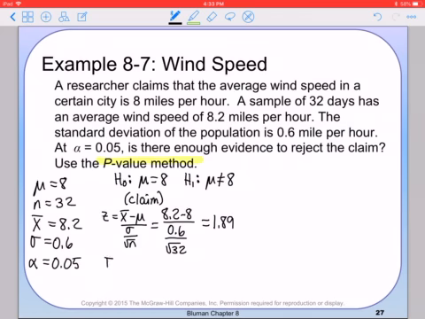We look up in table E, see the area for z equals 1.89, and we find that the area equals 0.9706. Okay, now we're going to have to draw a table. I'm going to have to go to the next video.